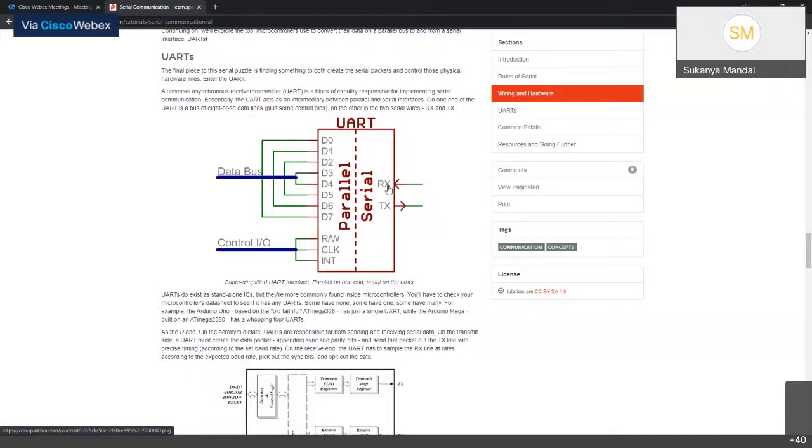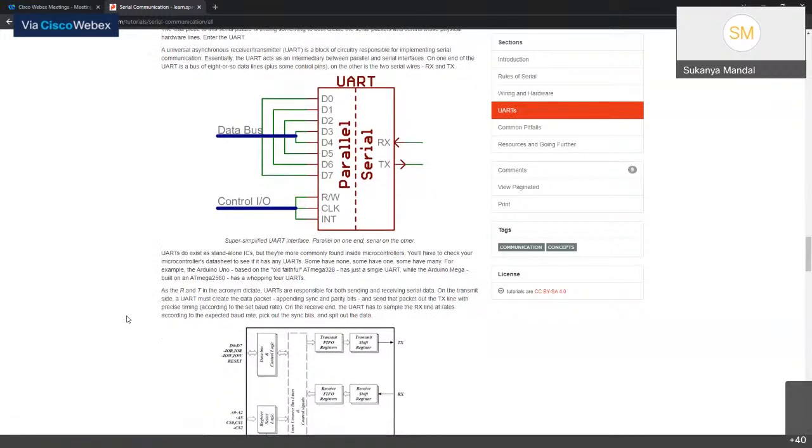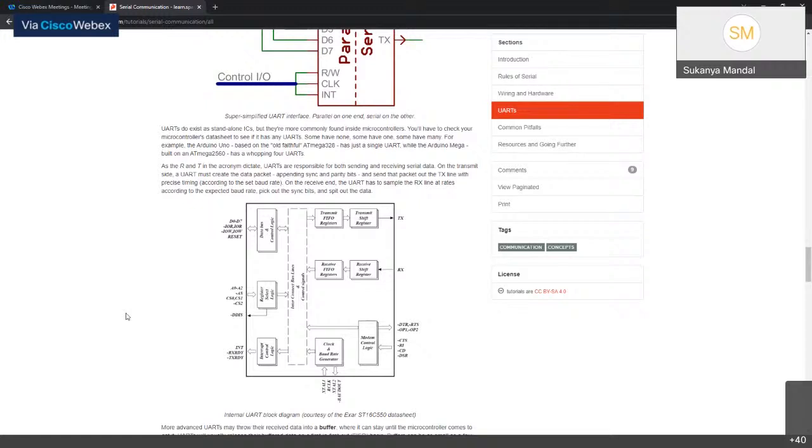Mostly in boards like Arduino and Raspberry Pi, we have the serial mode of communication, RX and TX. UARTs basically do not exist in standalone ICs. They are most commonly found inside microcontrollers, Arduino to be more specific, and also in Raspberry Pis.